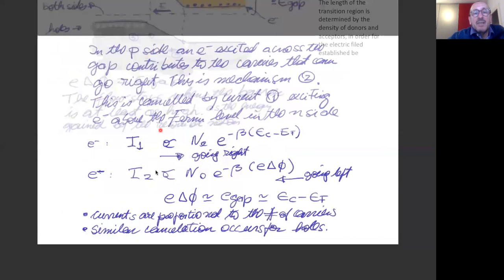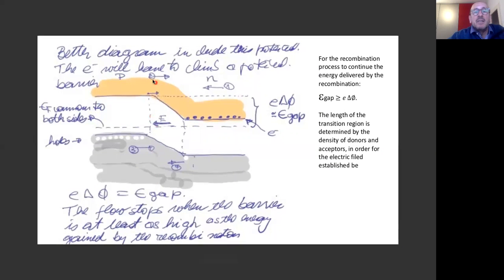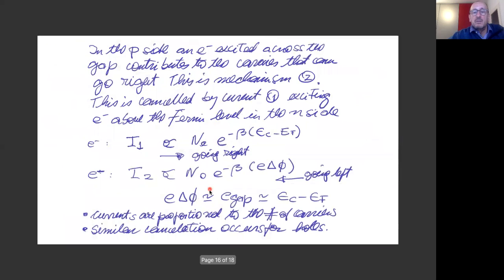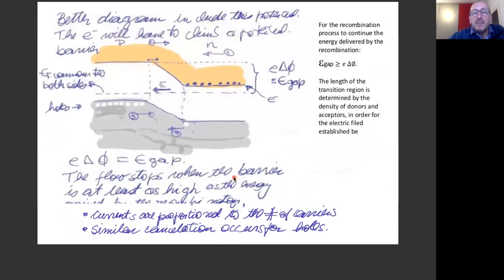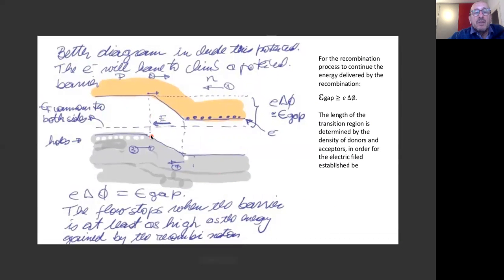So this is I2, and it's going to the right. No, this is left and this is right. And what do I have to do with this one? I have to excite it over this whole energy difference. No, this is completely wrong.